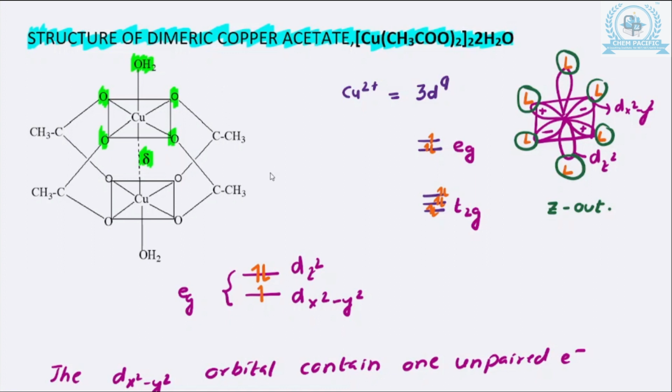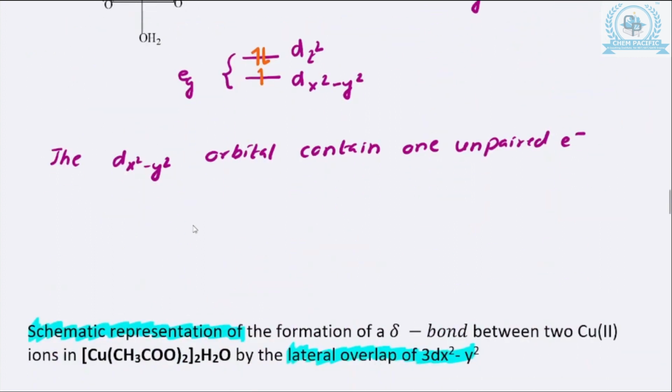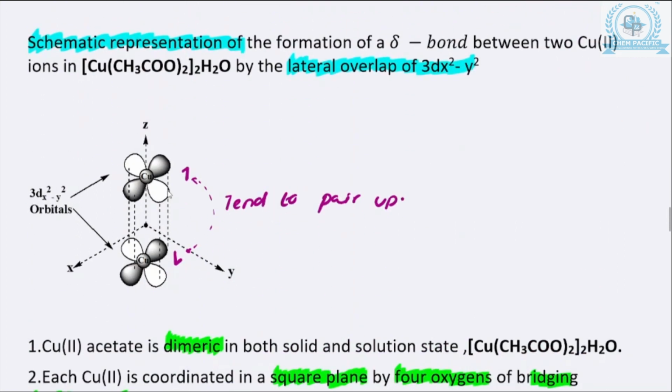So when this dimeric copper acetate structure is formed, then what happens? These 2 copper, they come close enough to each other, as a result of which the unpaired electrons tend to pair up and result in the formation of a new bond, which is the delta bond. As a result of which, this copper-copper bond is shorter than expected, and also there is quenching of the magnetic moment.